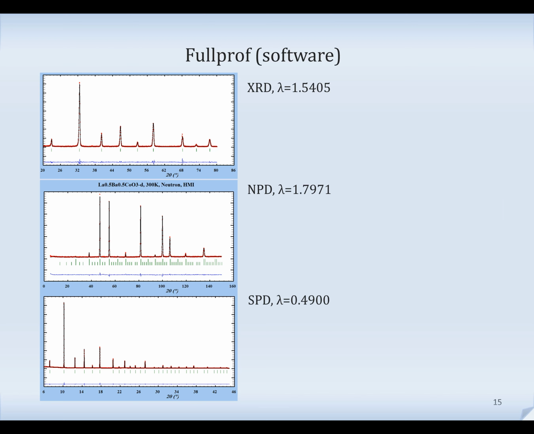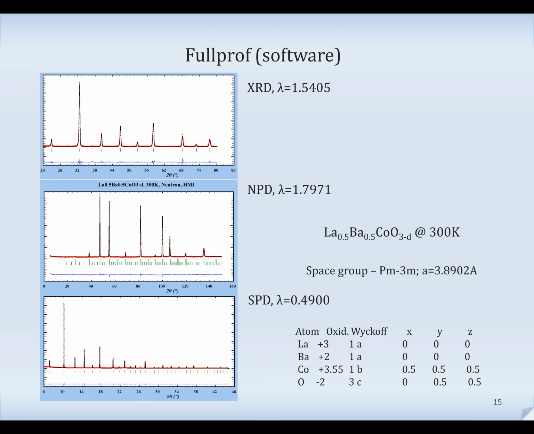If I put indices, say this reflection is located at this two-theta angle, but for neutrons it's somewhere here, and for synchrotron it's somewhere here, because of different wavelengths. So the compound is some cobaltite with a really simple cubic structure, and we know everything about this.